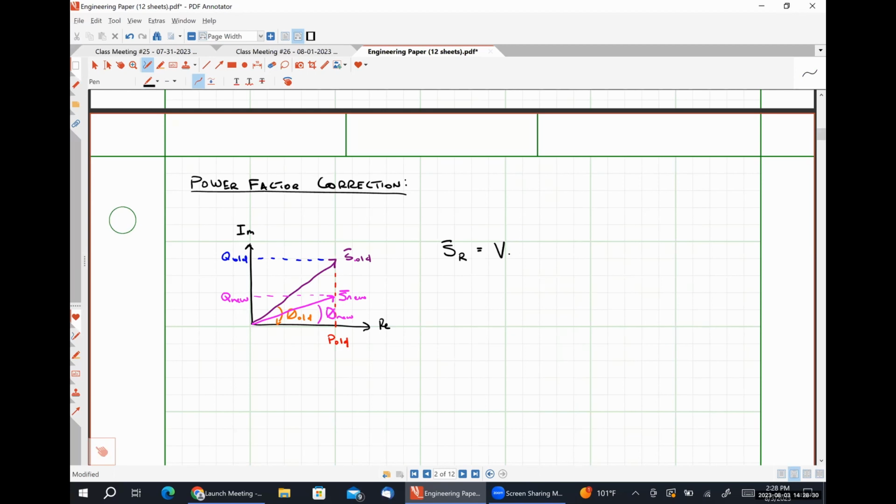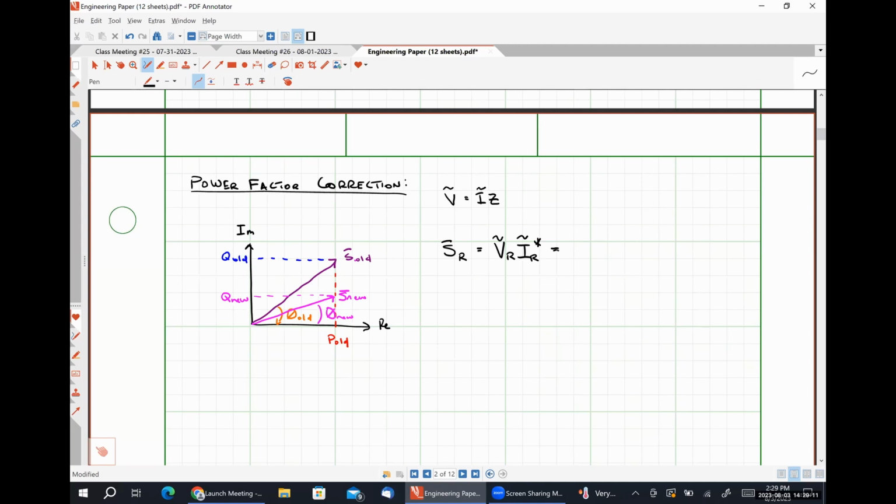So this would be the voltage drop across a resistor times the current flowing through the resistor conjugate. And I'm going to make a little note up here. We know Ohm's law, right? So what I'm going to do is substitute in a relationship where I is equal to V over Z, okay?